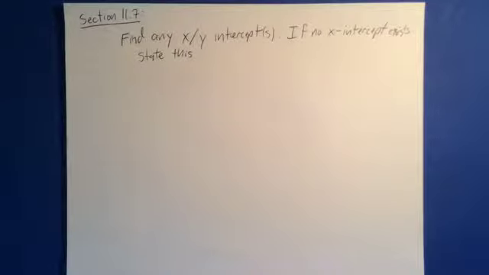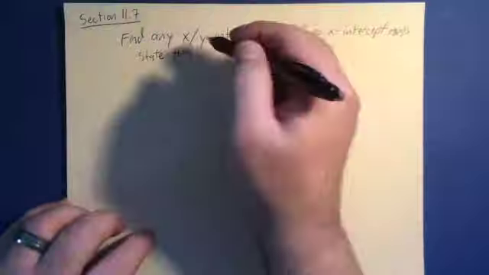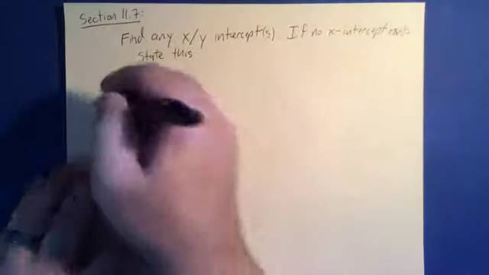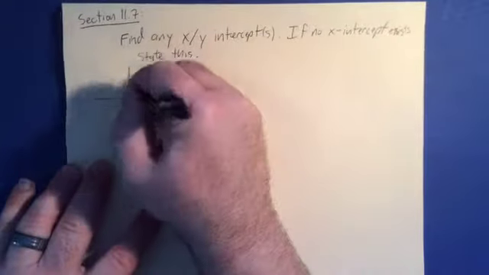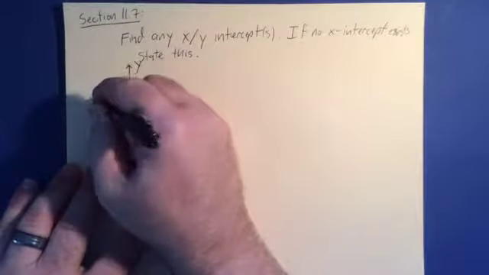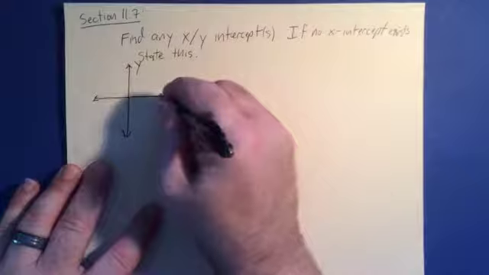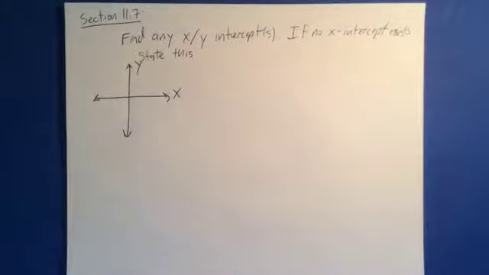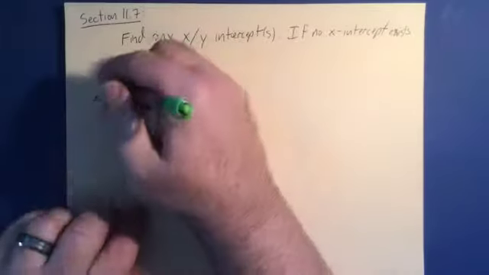Nothing is really complicated. So what we're talking about graphically when we're talking about an x-intercept and a y-intercept is, if we're looking at the graph of the x-axis and the y-axis, what we're speaking about when we talk about intercepts is if we have some type of parabola. It doesn't matter what it looks like.